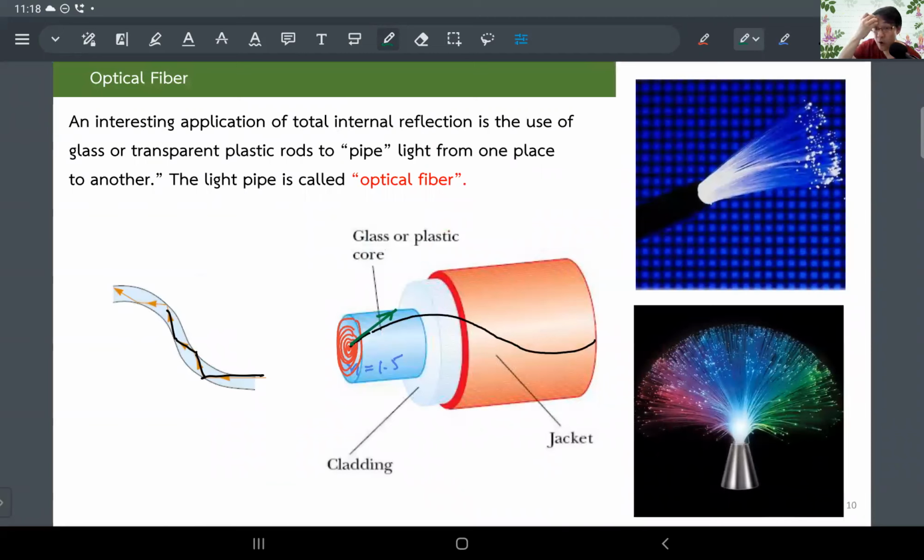So there's a question: how is it better than copper wire? At the time of ADSL, the high speed based on telephone lines, the telephone lines just used copper wire. When you send information through the copper wire, you still use an electric signal, and that's based on electrons. The bad thing about electrons is they are charged particles.